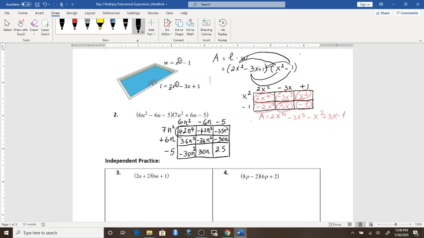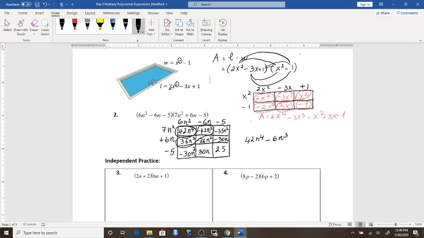So the 42n to the power of 4 is by itself, so it stays. Negative 42n cubed and 36n cubed can be combined into negative 6n cubed.